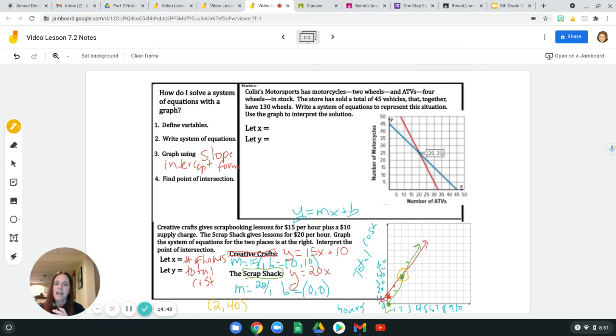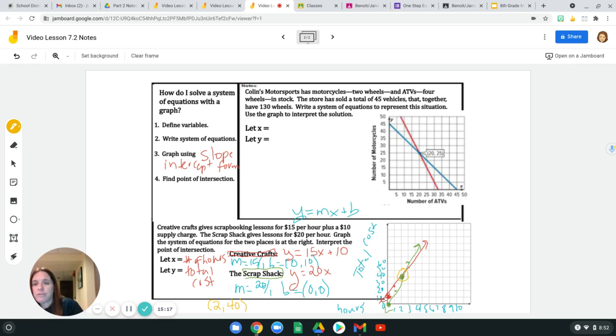Now, what does that point of intersection mean for this problem? What it means is the lessons would both cost $40 for 2 hours at either Creative Crafts or Scrap Shack. That's the point where both places cost the same amount of money. Okay. And then after that point, one of them gets more expensive than the other. And you can see that in the graph.